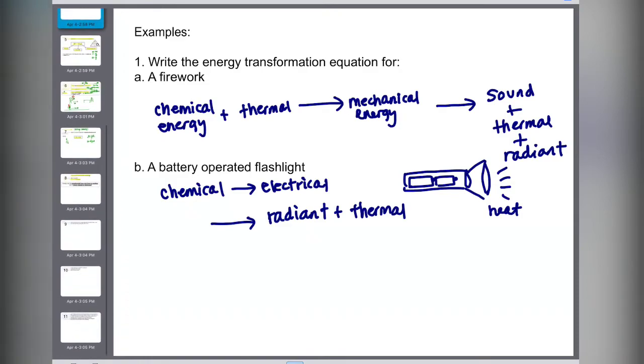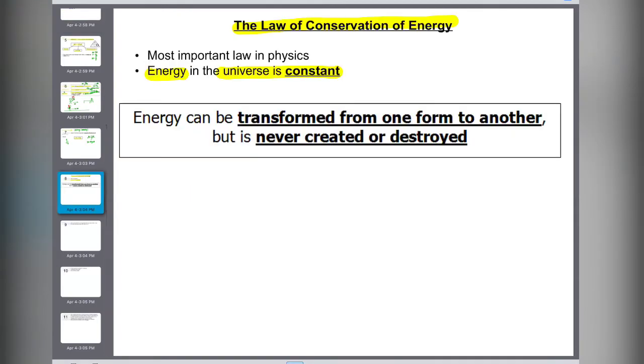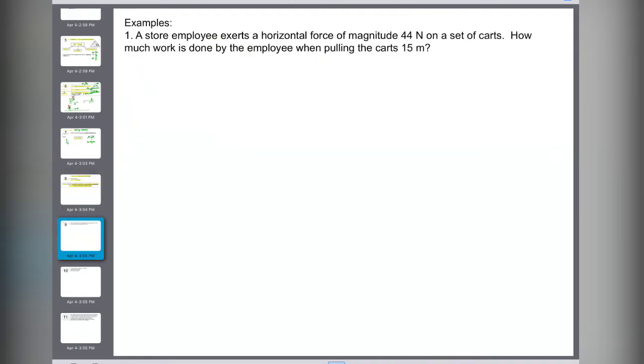It got converted from chemical energy, right? That's where the law is leading to: energy can only be transformed from one form to another, but it will never be created or destroyed. So at the end of the day, the total energy in the system is always going to be the same. You just convert from one form to another.